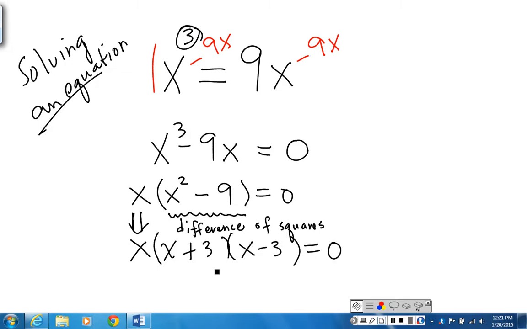Alright, and if you're still a little shaky about factoring, make sure you print out that factoring guide I created for you. It's sort of like a flow chart to help you understand which direction. Notice here that we have 3 different factors, and that's good, right? Usually it coincides with the degree. Not always.